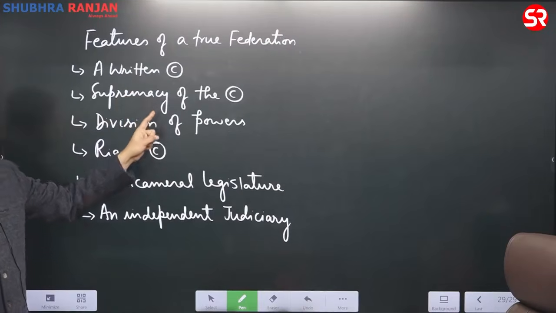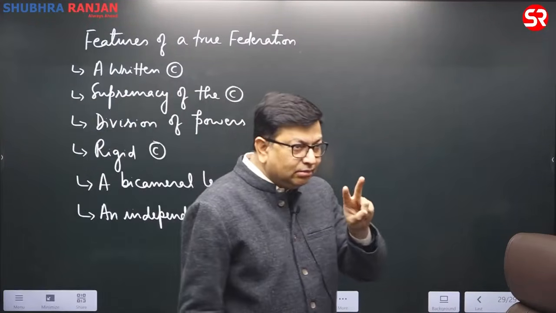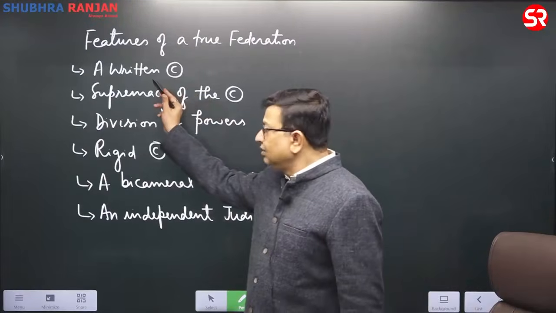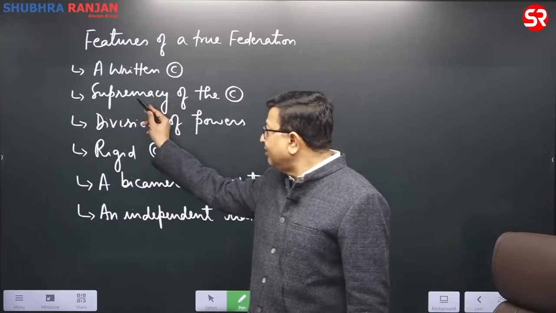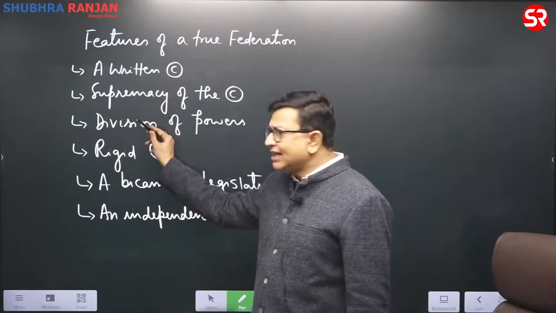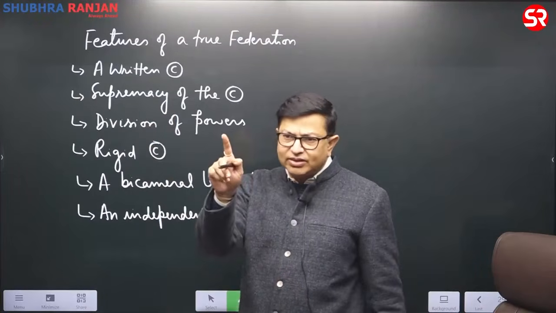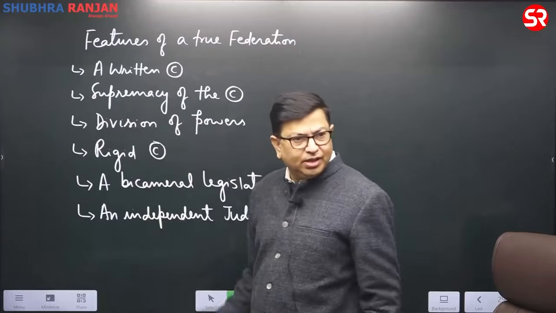Why a written constitution? Because if the things will not be written down, then there will be conflict. And the document where the powers have been written down of the central government and of the state government, that must be the supreme law of the land. Then there has to be clear-cut division of powers. These are the powers of the central government, these are the powers of the state government. Then rigid constitution.